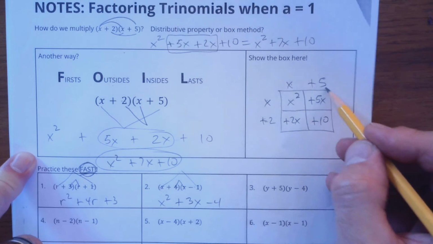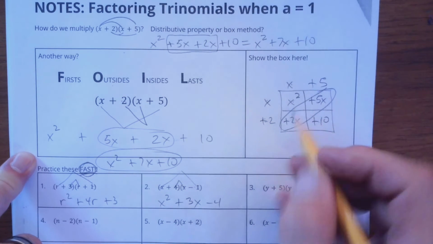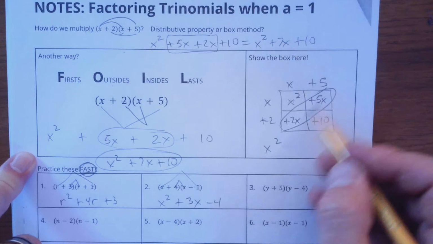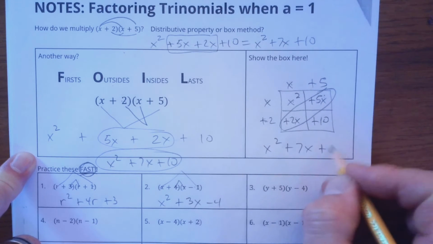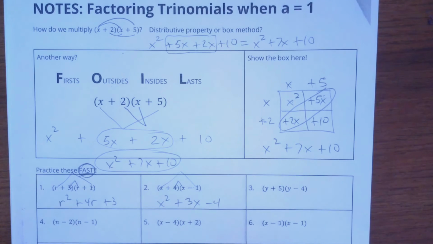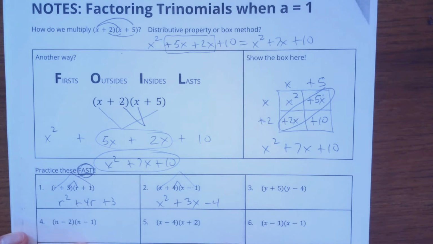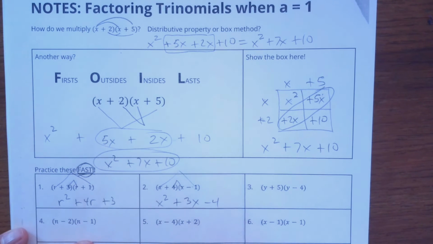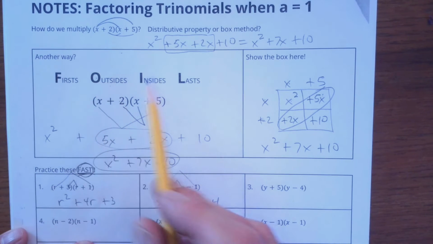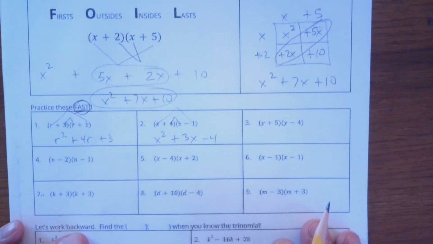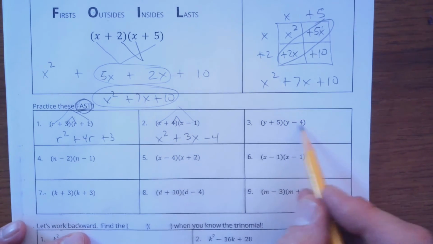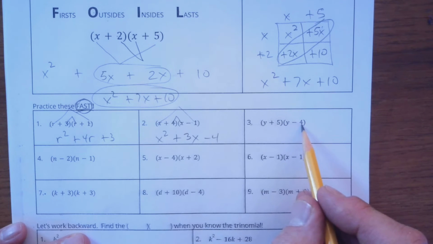Now what we can do is x squared, and then these are like terms, plus 7x, and then we have the 10. So any of these methods will work, but again, what I want to emphasize is that this first, outside, inside, last, or this FOIL, can help us multiply these problems fast.